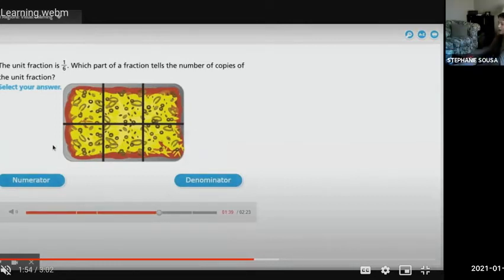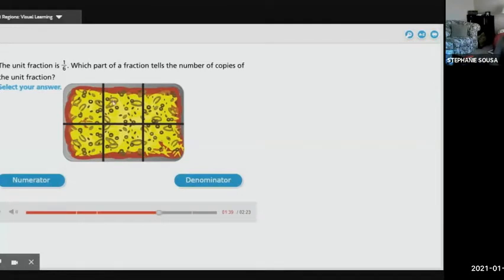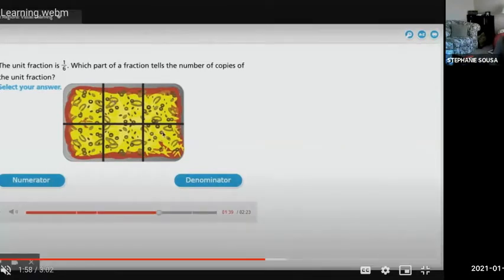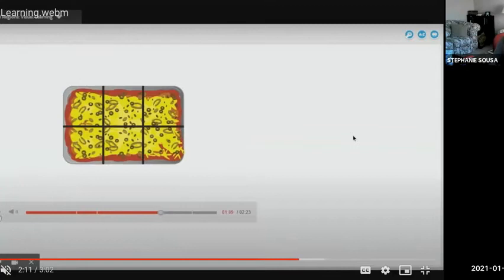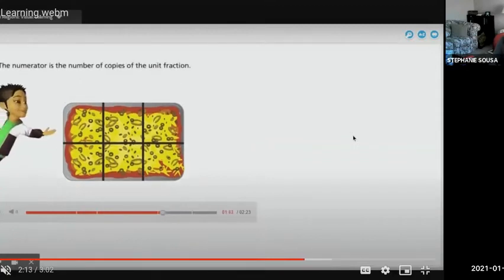So if you want to know how many pieces are going to be used, you will click on the numerator. The numerator is the number of copies of the unit fraction.